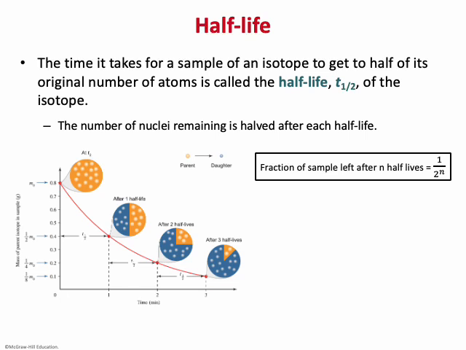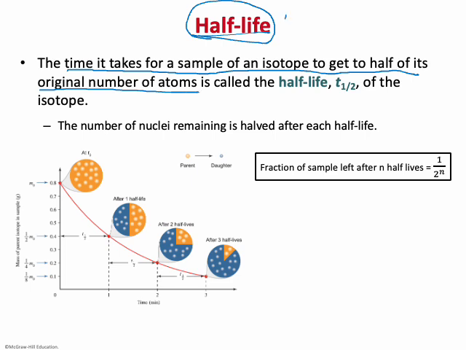Now, the next topic, usually in case of radioactive decay, is half-life. What is half-life? All the radioactive materials have a unique half-life to them. Half-life is the amount of time it takes for a sample of an isotope to get to half of its original number of atoms.